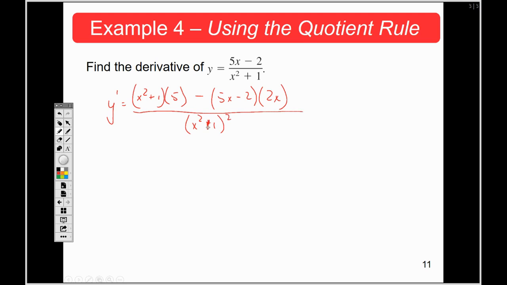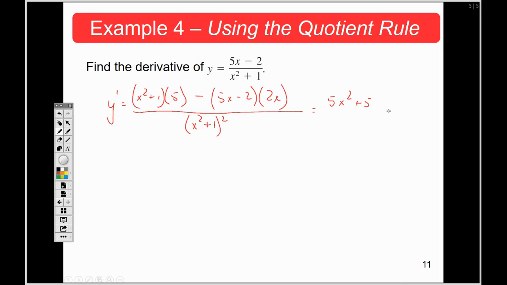Now I'm going to leave it just like this, and I'm not going to simplify that if I can help it. I want to write that a little bit nicer. The numerator I have to simplify. So we're going to distribute and try to simplify the numerator.